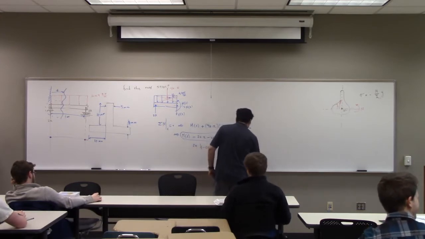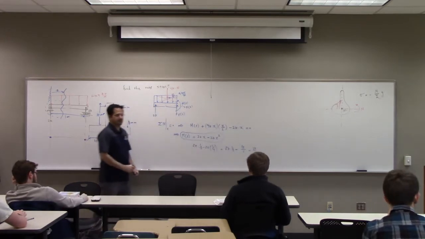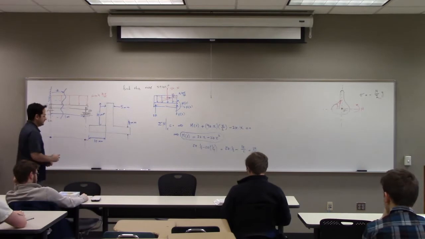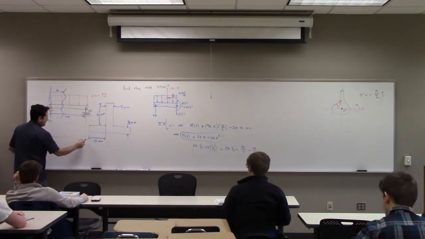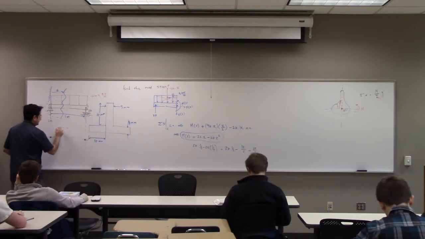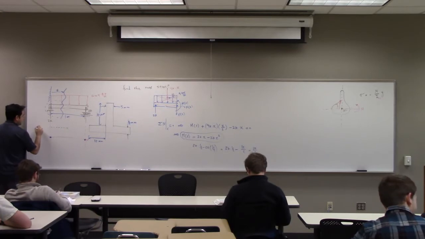Then you get 1K over 2. For 500, here. So you get, this is 500.